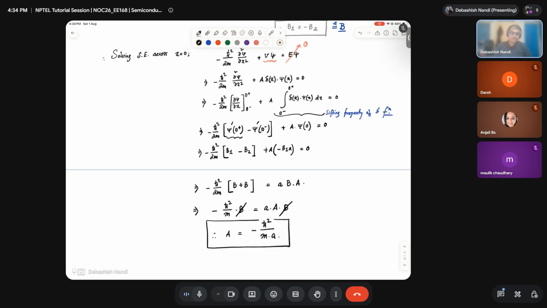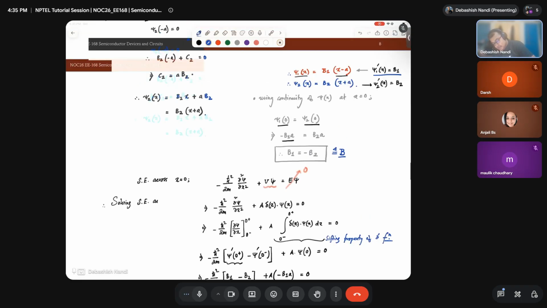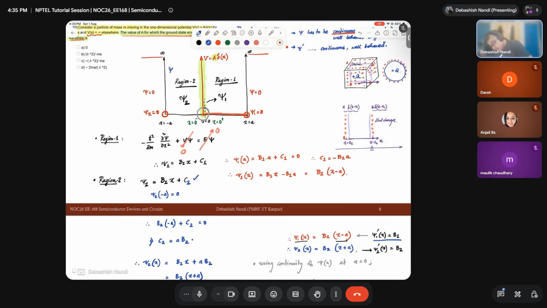So do you see? And what did I mean that psi dash is not continuous? If you check psi dash, in this region psi dash is equal to b1, sorry, this is region 2, so b2. B2 is minus b, and in this region psi dash is plus b.